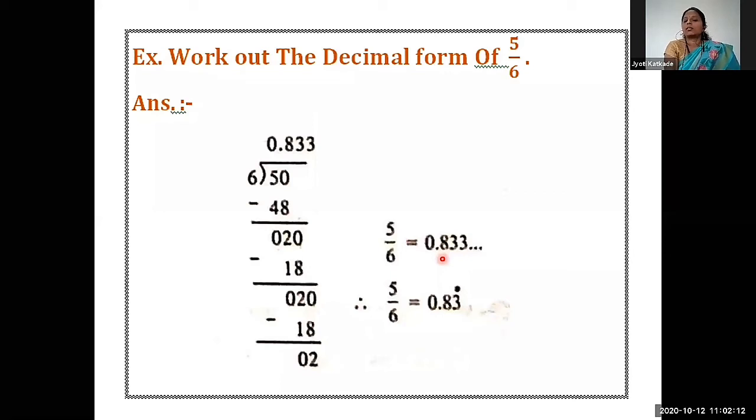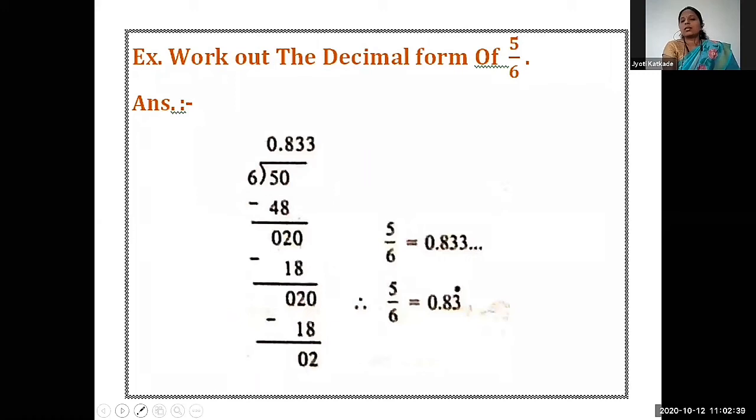Means 0.8, after that 3 is repeating. That's why put a dot on top of 3. So we get the answer 0.83 with a dot on the 3. This is the decimal form of 5 upon 6.